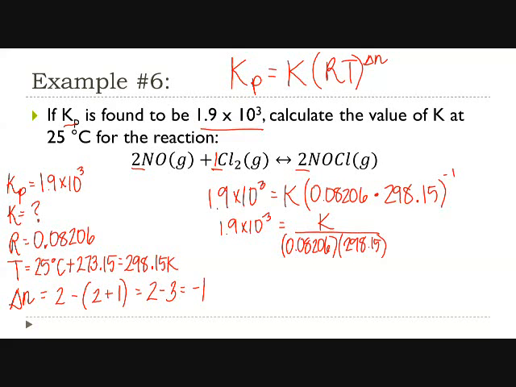So then now that we've figured out that those 2 are in the denominator, we have to multiply them, and then that answer gets multiplied by our 1.9 times 10 to the third. And then I got for K 46,975. Or for 2 significant figures, 4.7 times 10 to the 4.